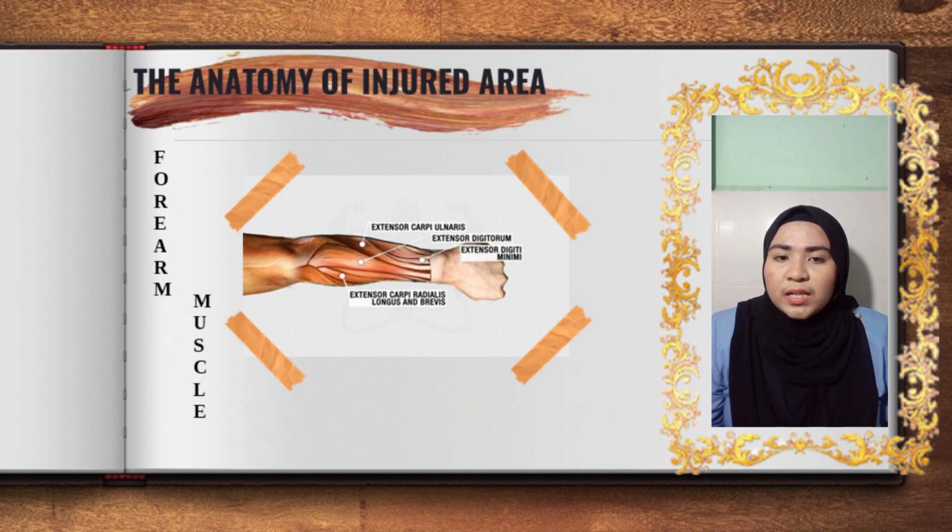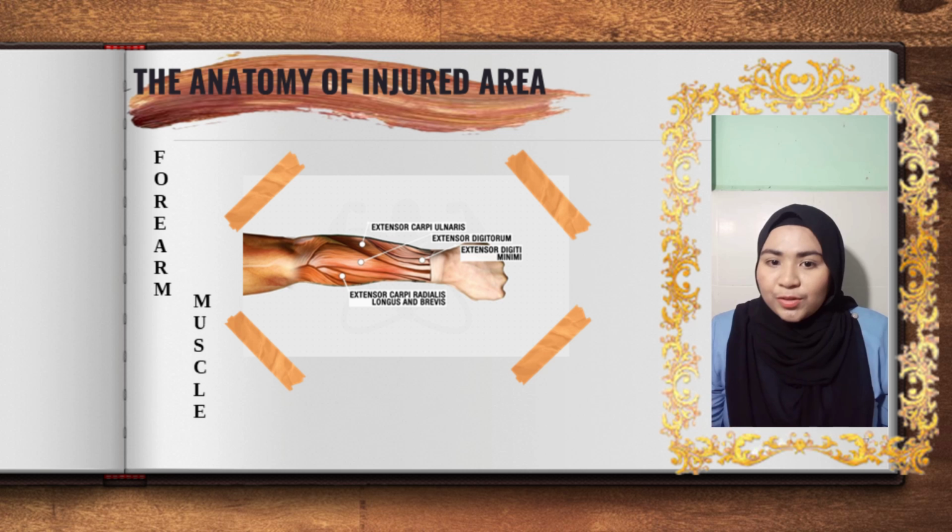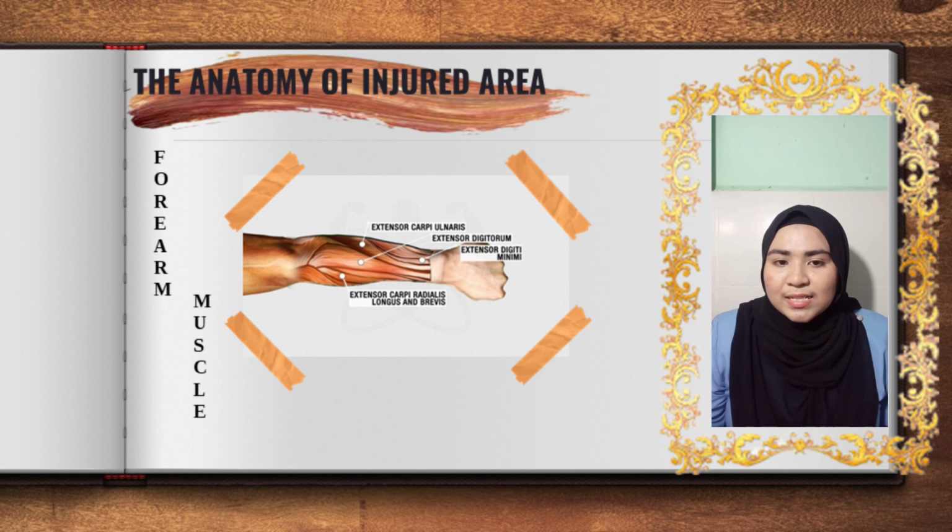For muscle, there are 4 types of muscle in the forearm involved, which are extensor carpi radialis brevis, extensor carpi ulnaris, extensor digitorum, and the last one is extensor digiti minimi.